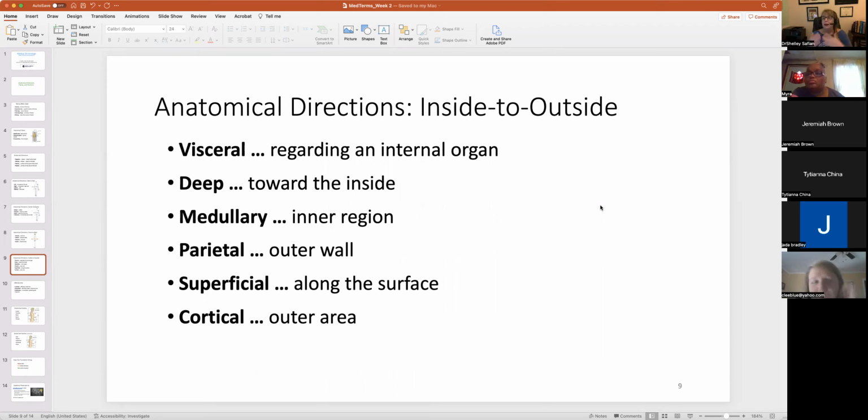Medullary, and you might hear this often, and I know I've heard it. So medullary refers to an inner region of a particular part of the body. And I know I heard this on a commercial for some medication.